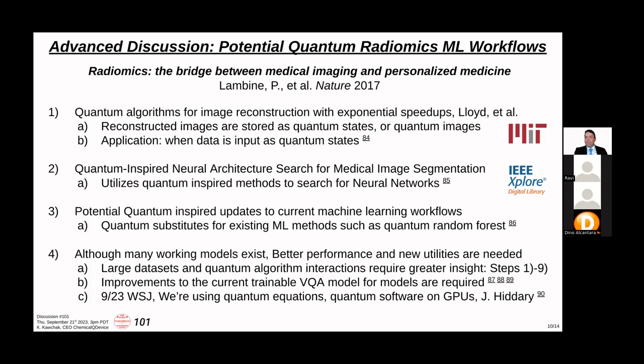You don't need deep learning. If it's doing certain things to the pixels, you tend to get better efficiency by using these smaller machine learning models before you go to deep learning. And then, the ones towards the end with classification, you would switch to something like quantum deep learning or classical deep learning. Now, getting back to four is that although many working models exist, better performance and new utilities are needed.